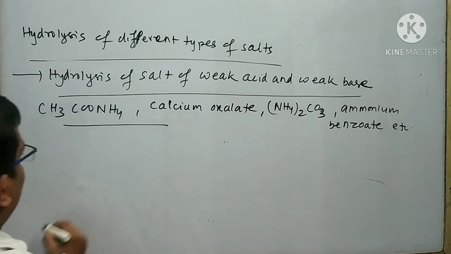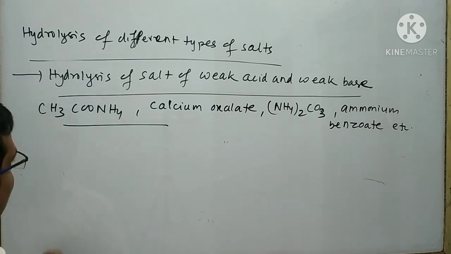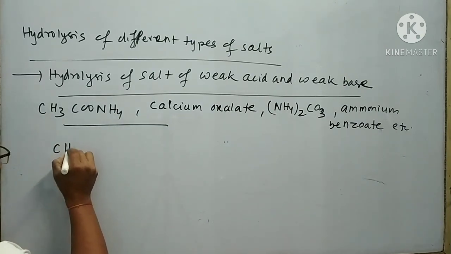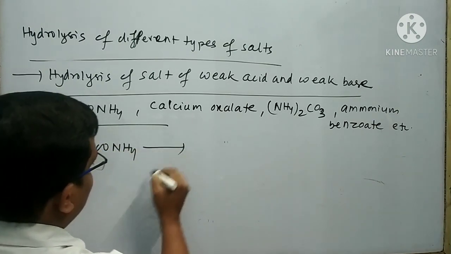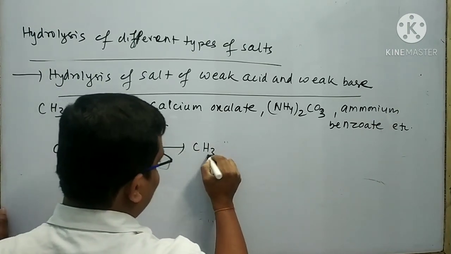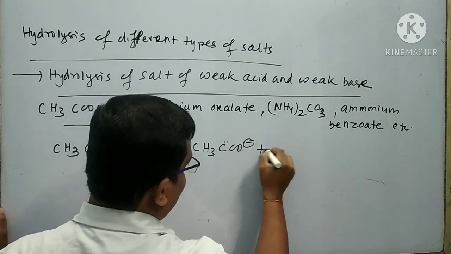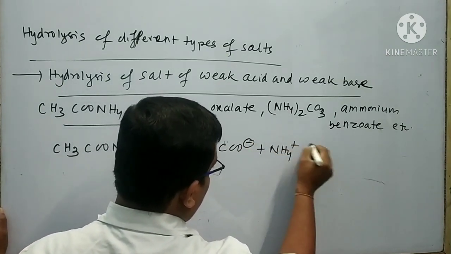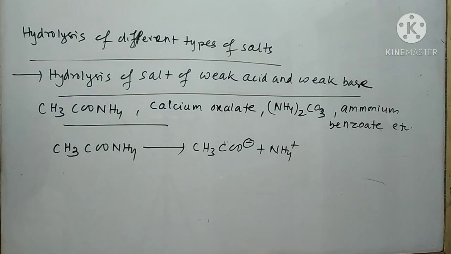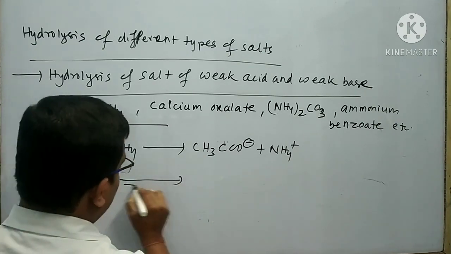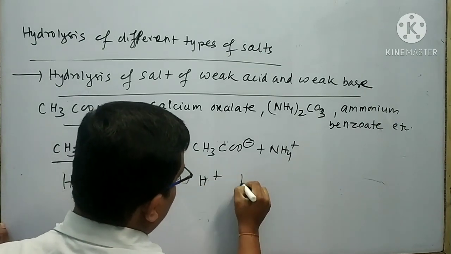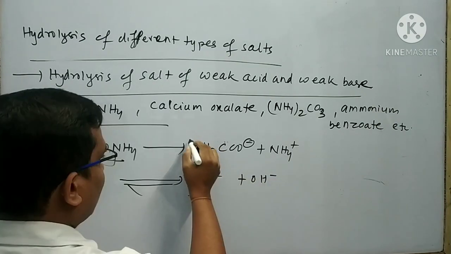Among these examples, suppose I want to think about the hydrolysis of ammonium acetate. When ammonium acetate undergoes dissociation, then it gives acetate ion and ammonium ion. When I add the water molecule to this salt, then water also undergoes dissociation, gives H plus and OH minus ion.